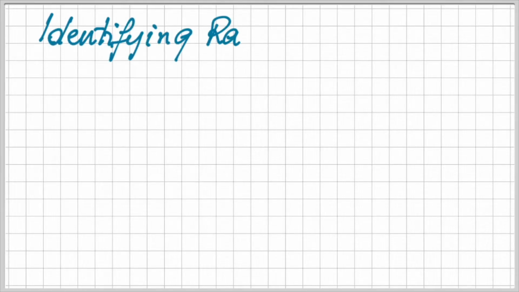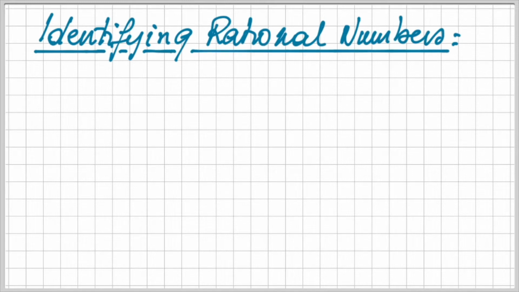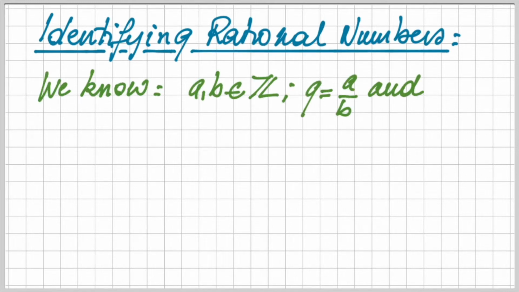When we look at the identification of rational numbers, we know basically that we have a rational number when we have two integers, a and b. When we divide a by b, this gives us a rational number on the condition that b, the denominator, is not equal to 0.